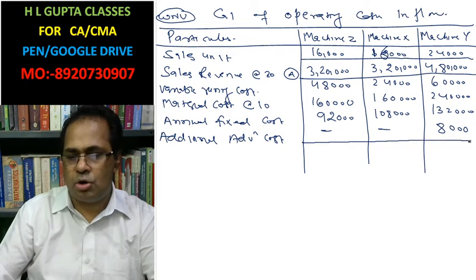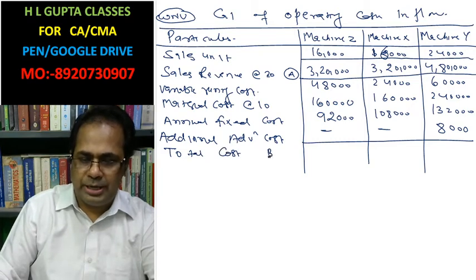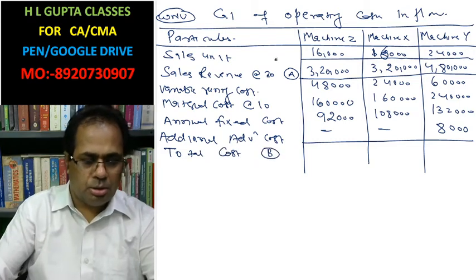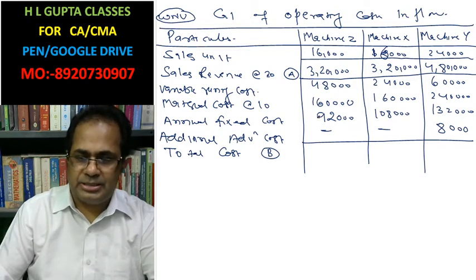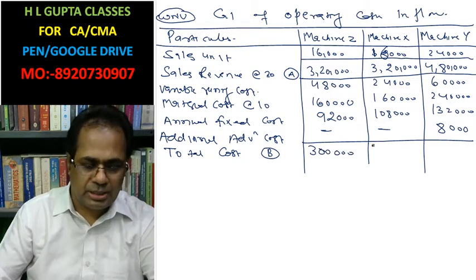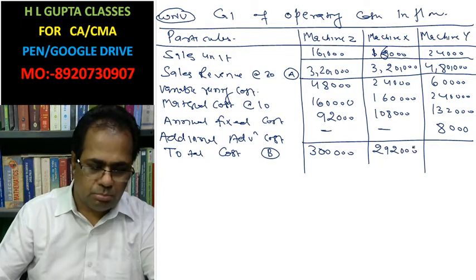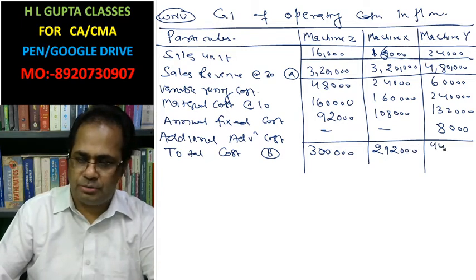Now total cost, that is the B part. In this case, this is 3 lakh, 2,92,000, 4,40,000.